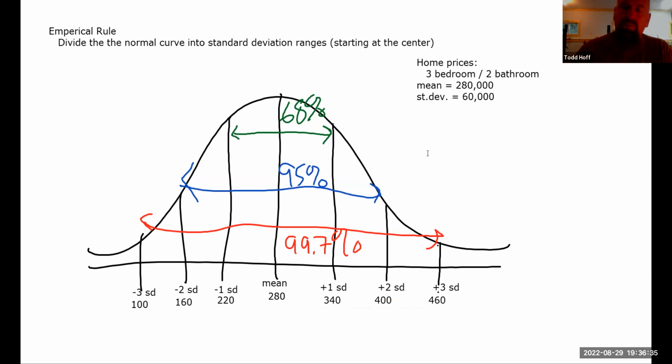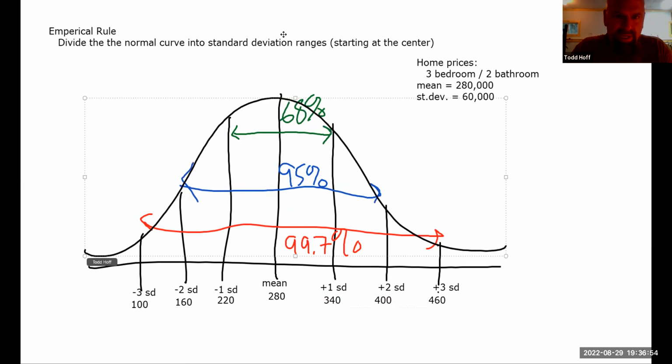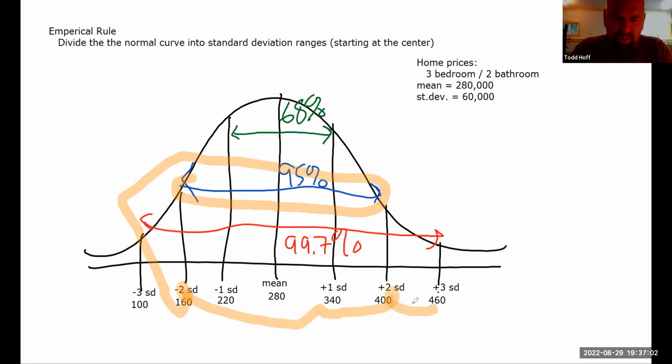So what do these say? Well, in your area, if I were looking at homes, I would expect 95% of them. That is not a very good color. Let me fix that. I would expect 95% to be between $160,000 and $400,000.